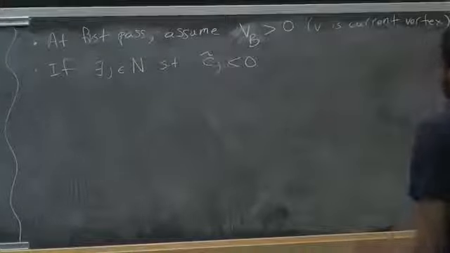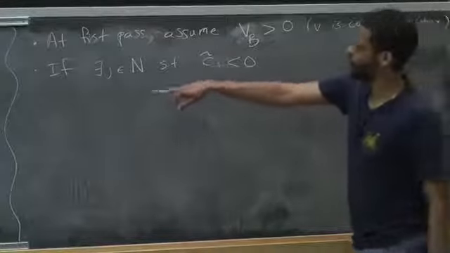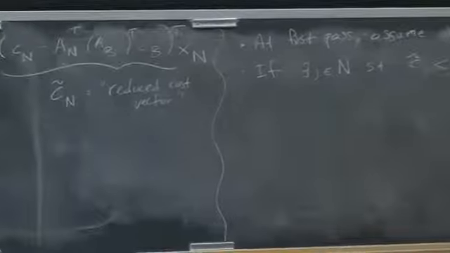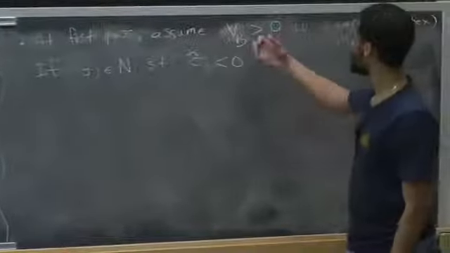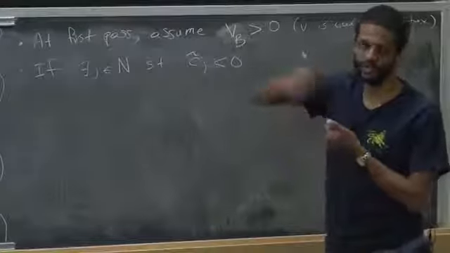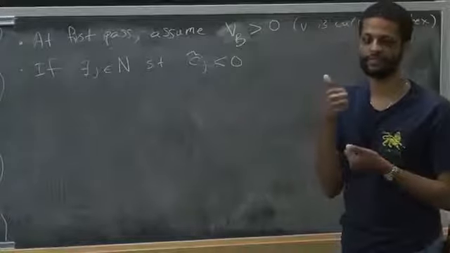So the point is that if any of the reduced cost entries are strictly negative in capital N, then I can take this vertex and start incrementing the jth coordinate.